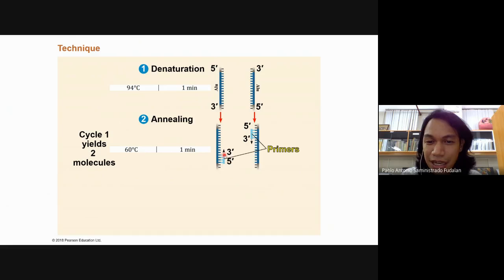They started attaching at the opposite ends of your allogene sequence, di ba? They did not attach somewhere else. They attached specifically at the ends of the allogene sequence. And the reason for that is our primers are very specific.